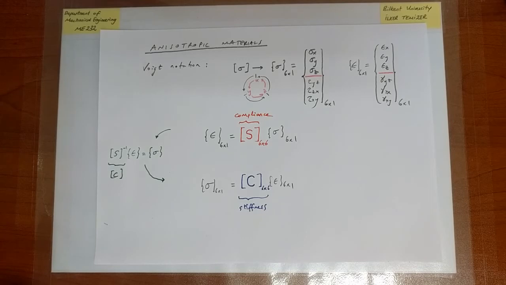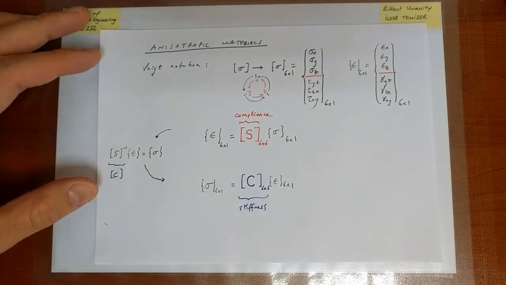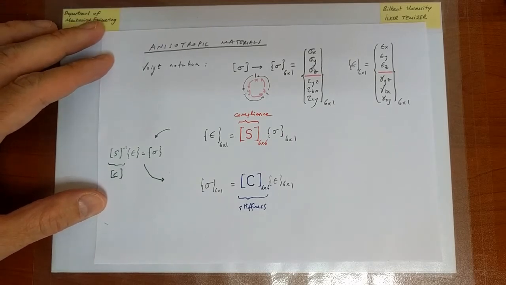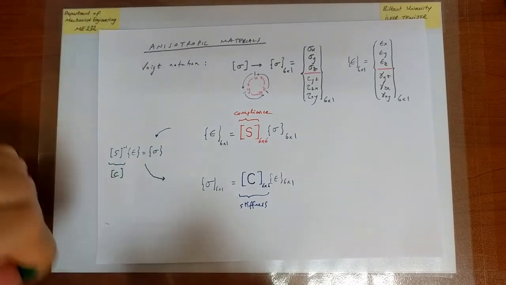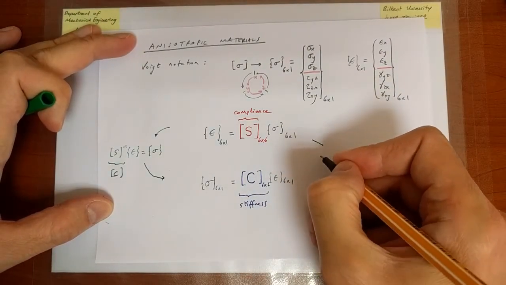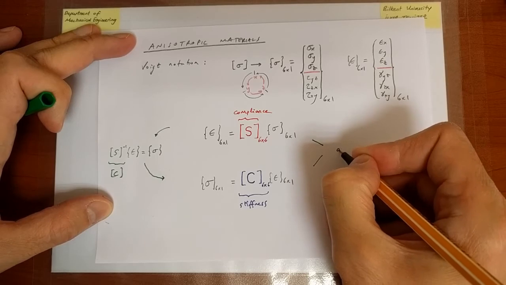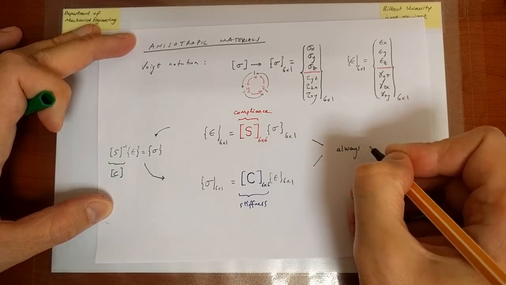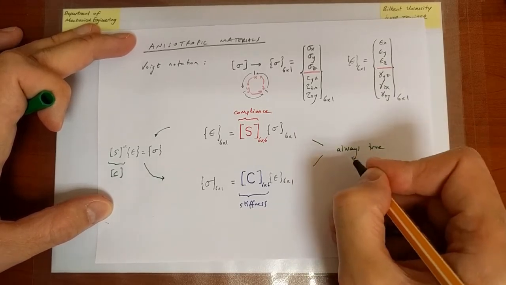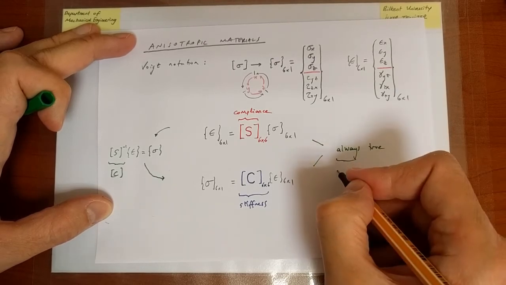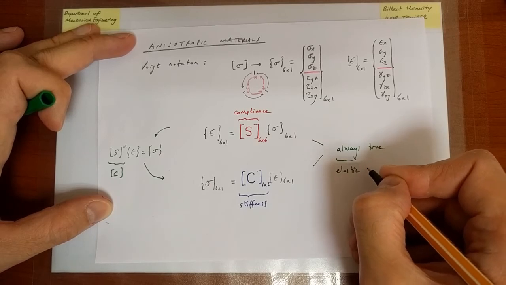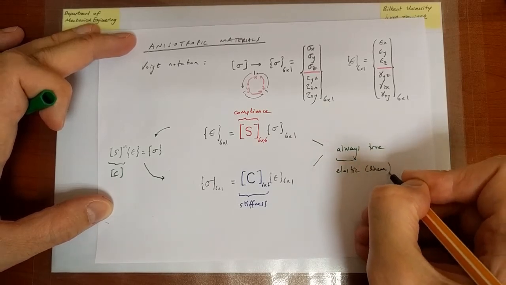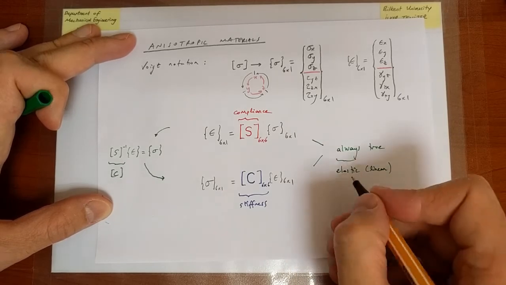All right, so now we have these relations, and you should remember immediately and embed in your minds that these relations are always valid. Always here refers to elastic behavior, and of course, small elastic deformations.